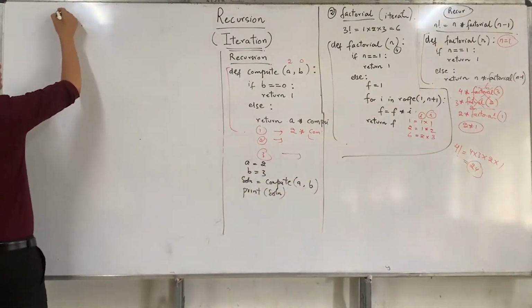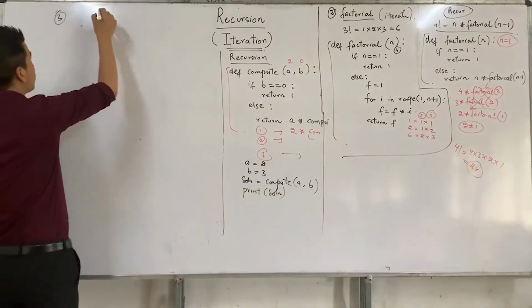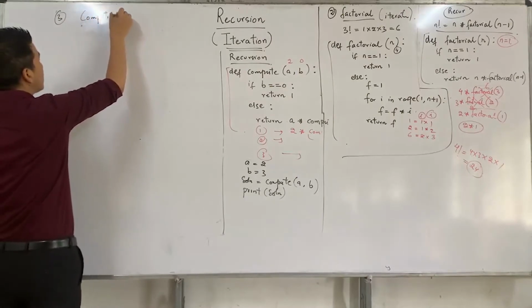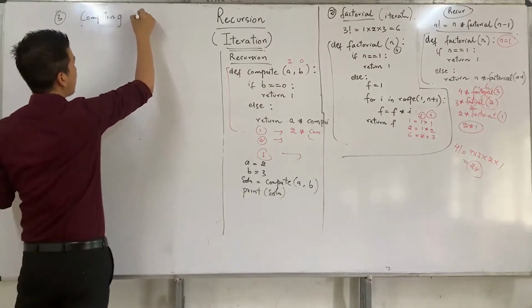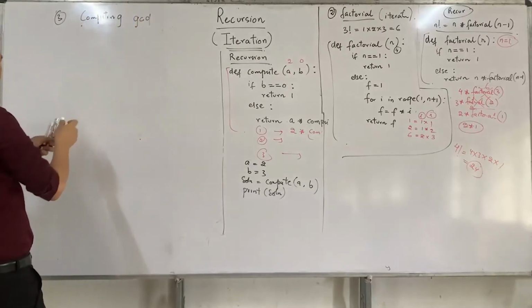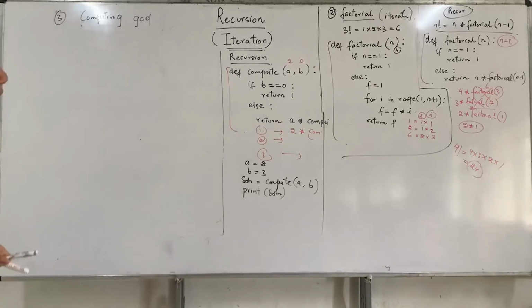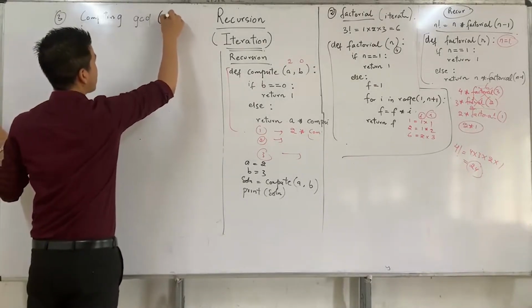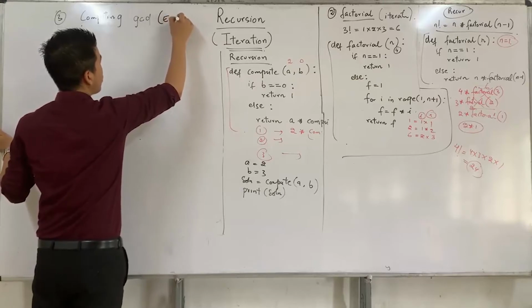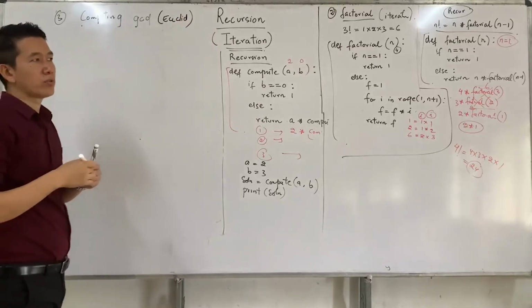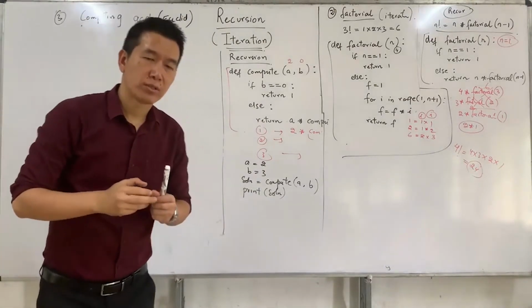So the question is, now this will be number 3, computing greatest common divisor, but we are going to use the algorithm of Euclid. Okay, I just write here Euclid. Euclid is one of the mathematicians.